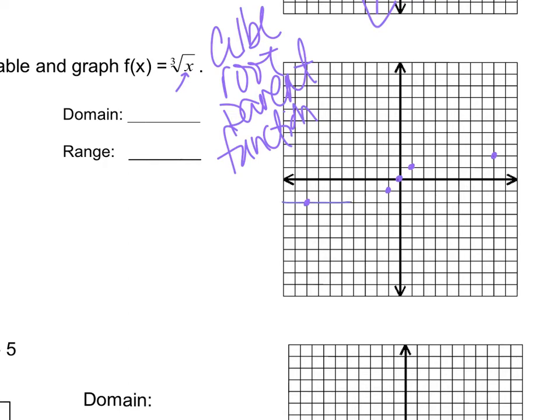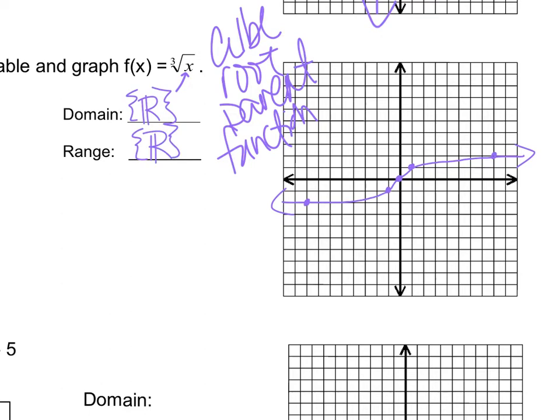So as you connect your points, make sure you draw arrows at both ends. And this cube root parent function is very similar to the cubic parent function with arrows at both ends. So it's going to be continuous in all directions. So just like that cubic function we just looked at, the domain and the range will be all real numbers.